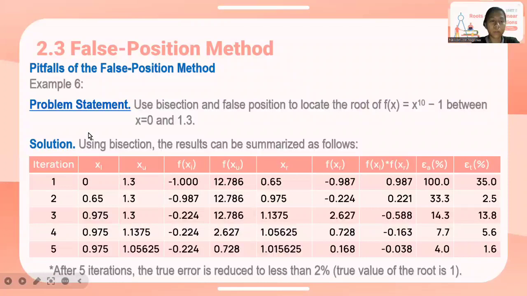So for the solution, using bisection, the results can be summarized as follows. So these are the 5 iterations. First, we have 0 and 1.3. Then we have the XR of 0.65.